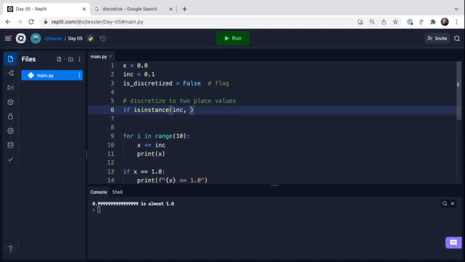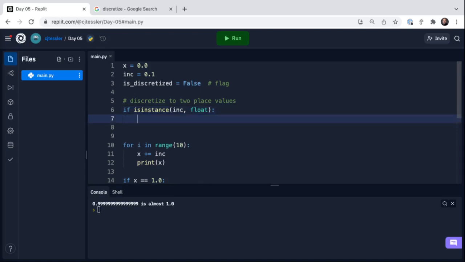It's going to take a variable, so increment. If that variable is an instance of some class, and it is a float, go ahead and do something. So isinstance will either return true or false. And it will return true in this case because the increment variable is an instance of the float variable type, or class, I should say.